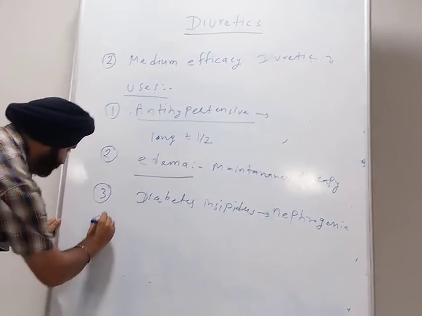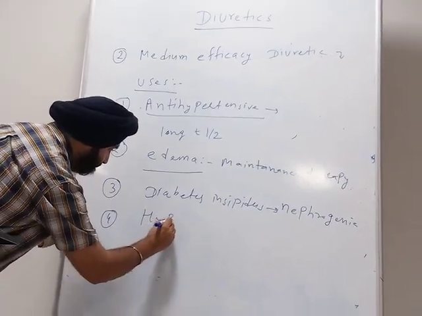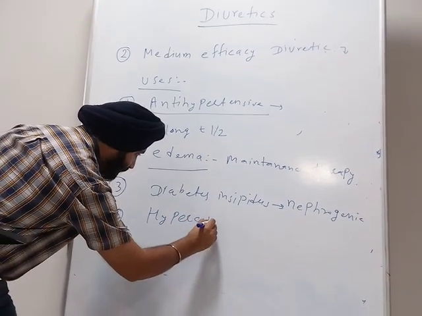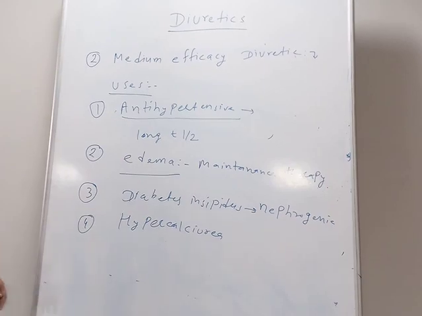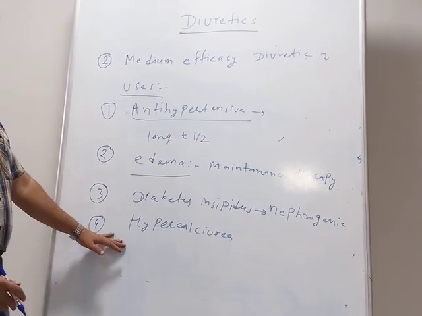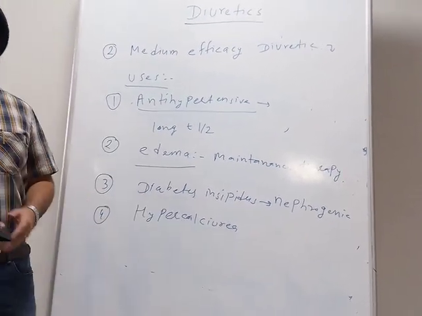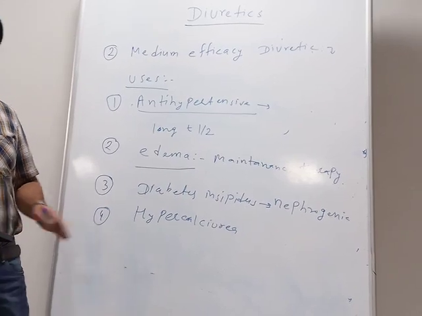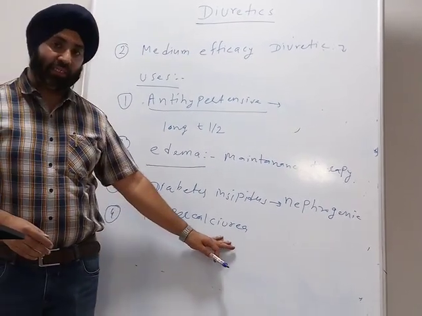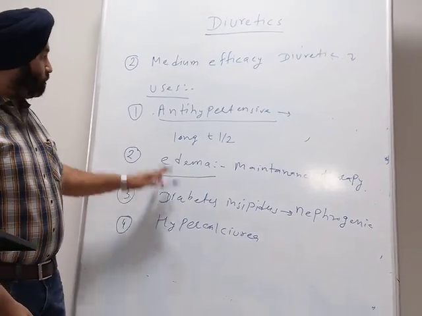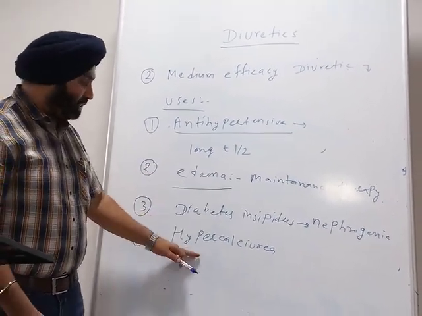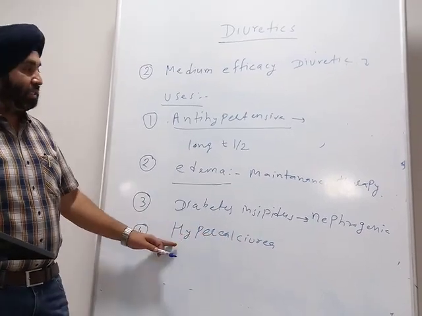And sometimes they are useful in hypercalciuria. As we have discussed that they decrease the calcium excretion, so sometimes in hypercalciuria, where stone formation occurs in urine, they are used to decrease the calcium excretion.